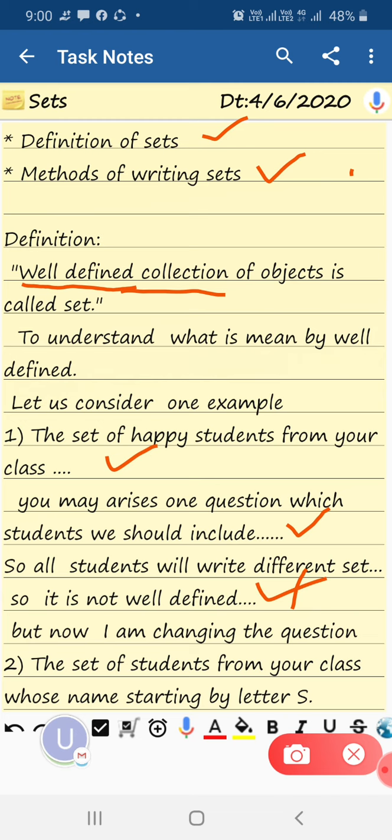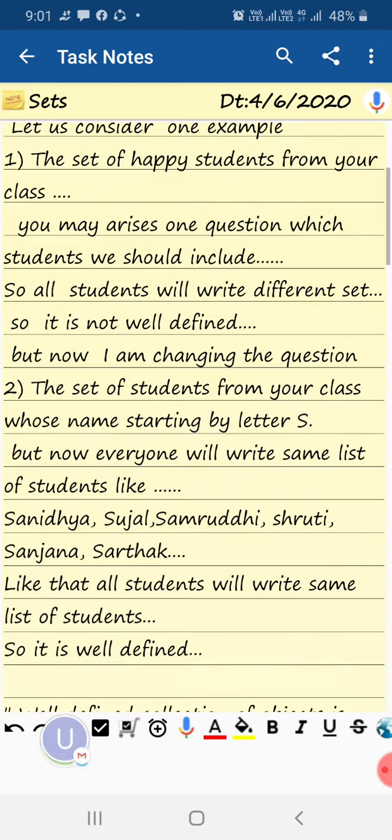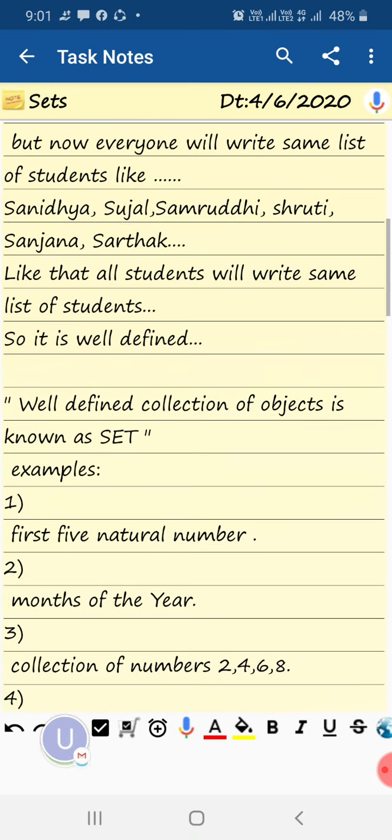But now I am changing the question. The set of students from your class whose name starts with letter S. Now try to write it down. So now everyone will write down the set like Sanidhya, Sujal, Samruddhi, Shruti, Sanjana, Sarthak, like that.